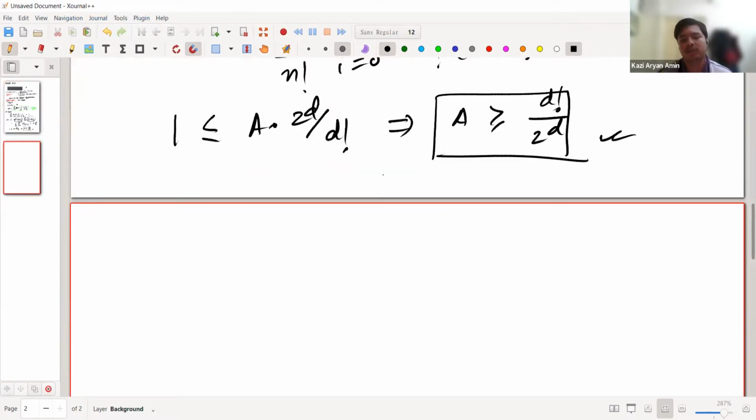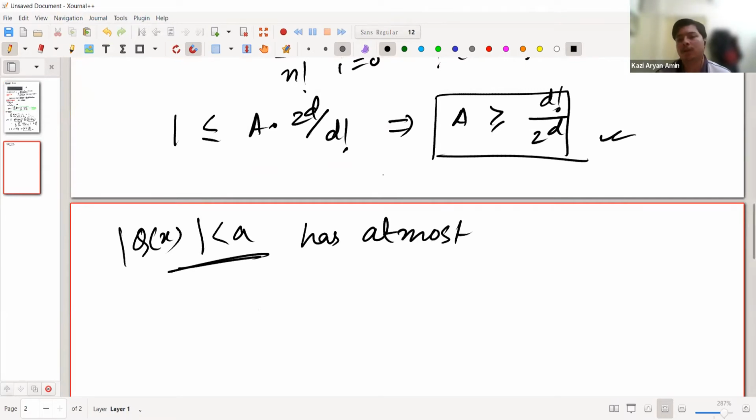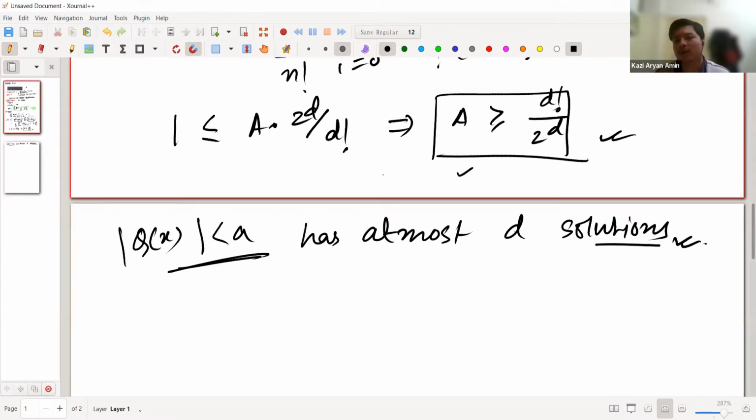We wanted to solve equations of the form q of x at most a, right? And we wanted to show that this equation has at most d solutions, where d is the degree of q. So the idea is that from this equation you understand that whenever you choose d plus 1 integers, some of them give a q value greater than this.